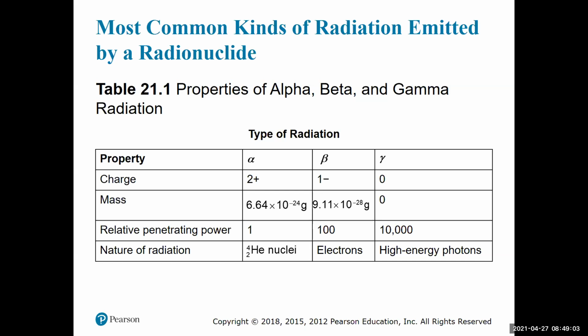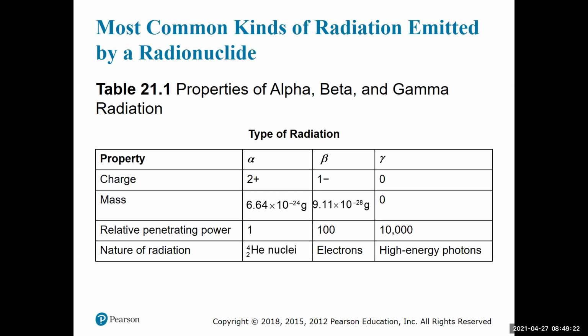Beta is electrons, okay, and that makes sense because it's got a minus charge. And gamma, though, that's just high energy photons. So real different in terms of the nature of the radiation of what each of those are.